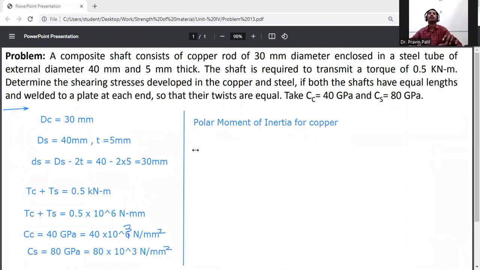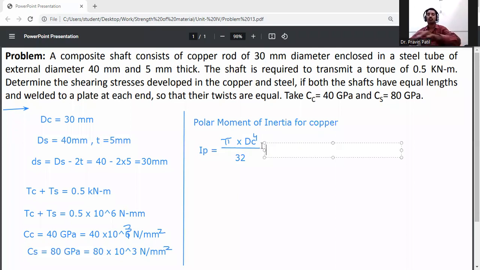That is IP is equal to pi d raised to 4 divided by 32. Pi into the diameter of copper, denoted by DC, raised to 4 divided by 32. This is the polar moment of inertia for copper.